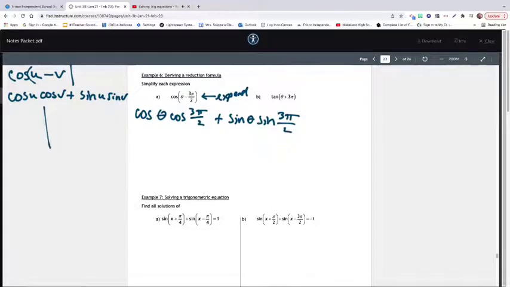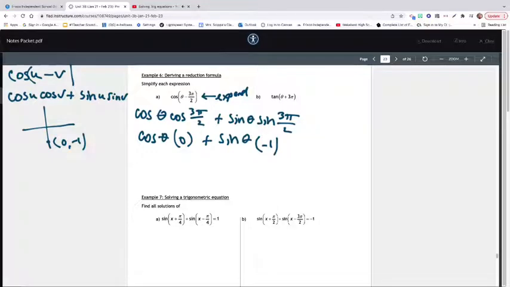All right, so 3 pi over 2 is down here. So we'll do cosine of theta, and cosine of 3 pi over 2 is just 0, plus sine of theta, and then sine of 3 pi over 2 is negative 1. So that goes away, and we're just left with negative sine theta. So I have simplified that one.